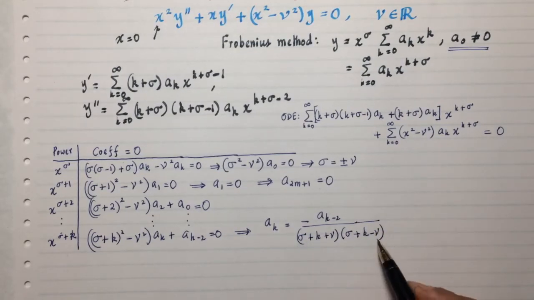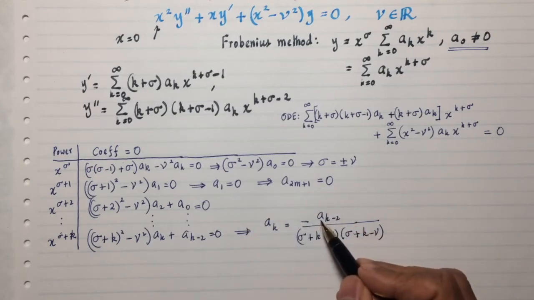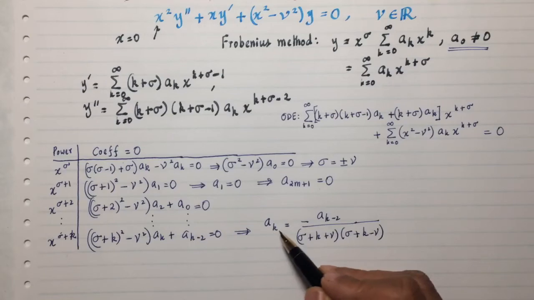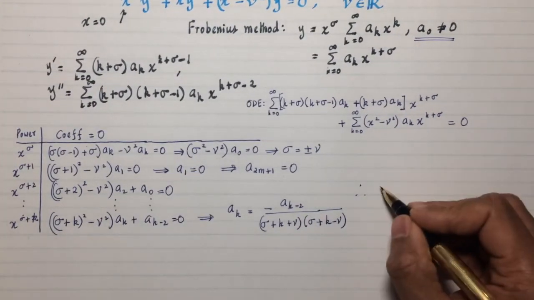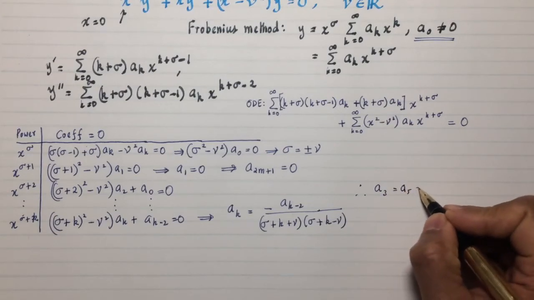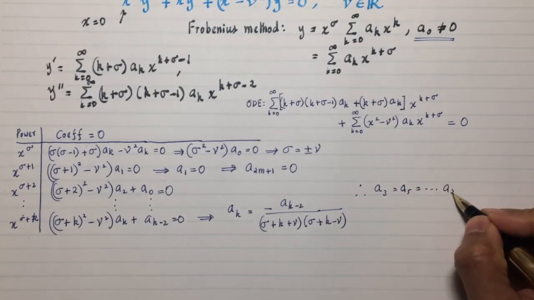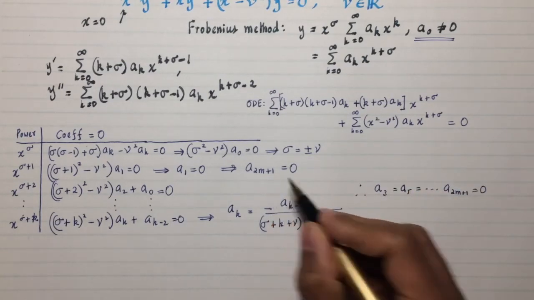Now from this you can immediately see that if a1 is equal to 0, then a3 is equal to 0, a5 equal to 0, and so on. So we can immediately conclude that a3 equals a5 equals, and in general a2m plus 1 equal to 0, which justifies my comment made over here.